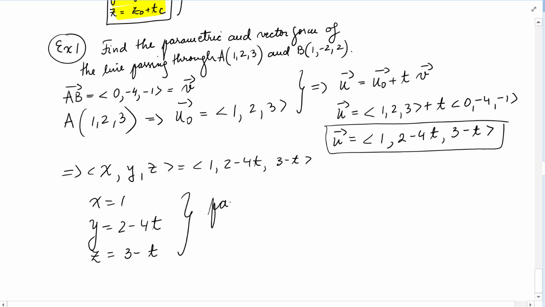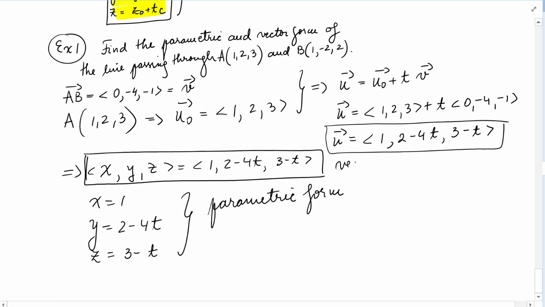This would be the parametric form of the equation of a line passing through A and B. So vector form and parametric form.